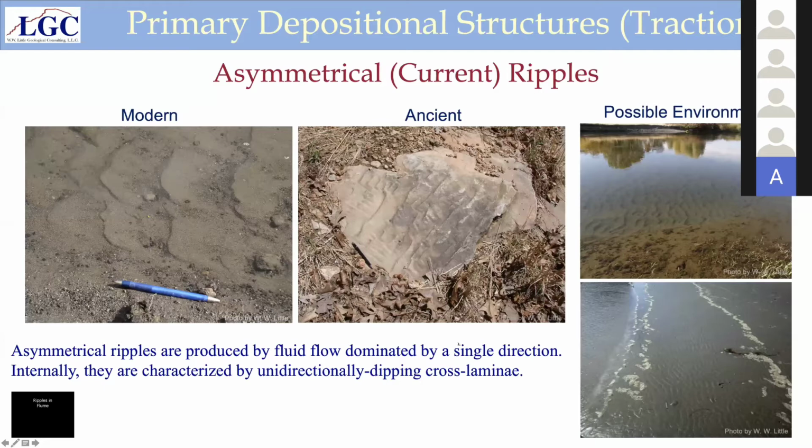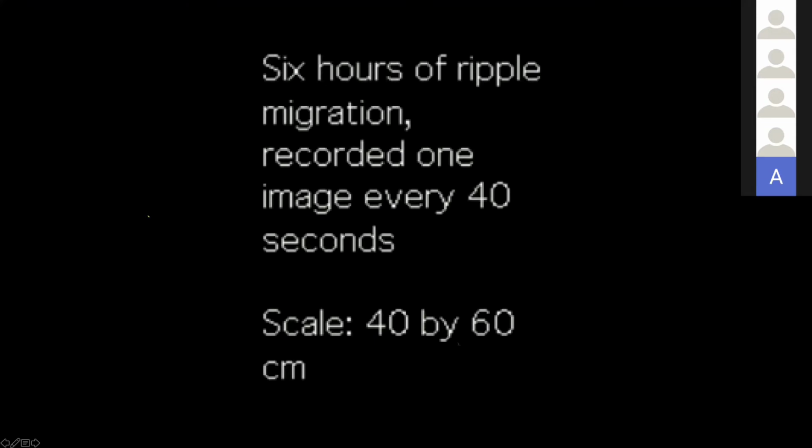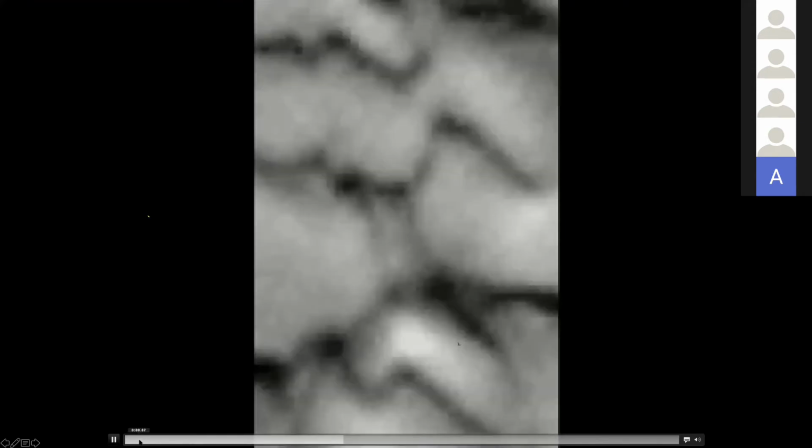And in this case, the flow that is moving in is much stronger than the flow that is moving out and is causing the ripples to be asymmetrical. You get both asymmetrical and symmetrical ripples that are present on a beach. And so here's a picture of asymmetrical ripples that are formed in a flume.